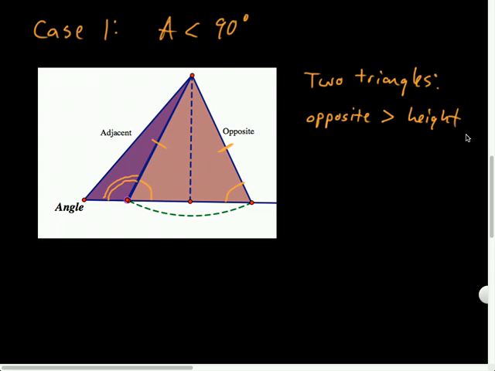And in describing my height, I'm actually going to give you an equation for this. Let's see, what did I call this? Well, your book calls it B sine alpha. I'm going to refer to this as angle, and this is adjacent.